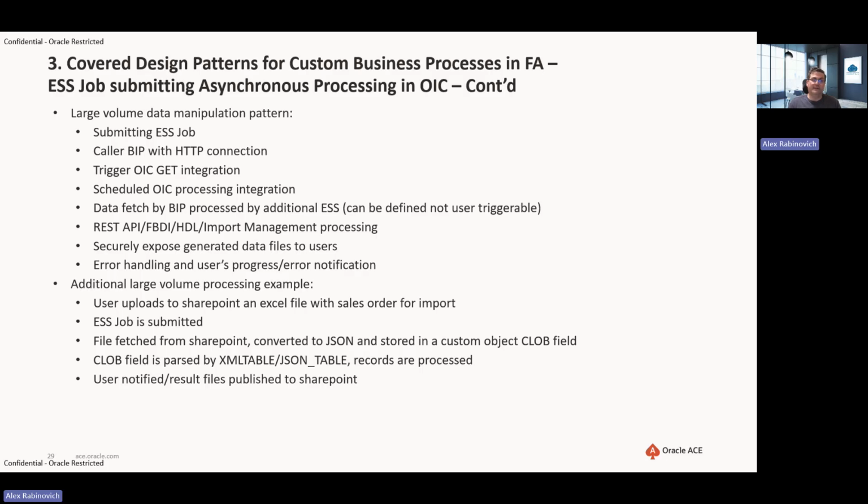The CLOB file is parsed by a BIP report that generates a resulting set of JSON payloads for each order. All those JSONs are applied via the REST API. Orders are updated or created, and users are notified by email or, in addition, by result files published to SharePoint.